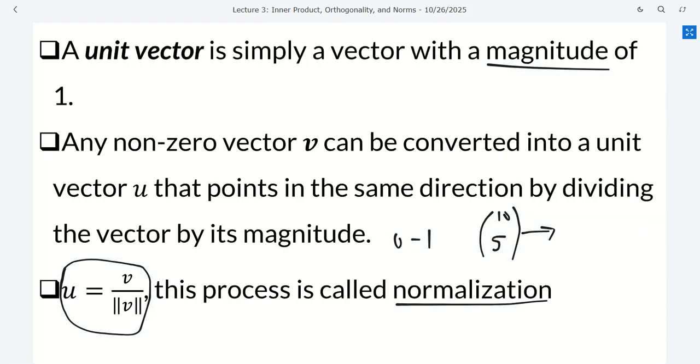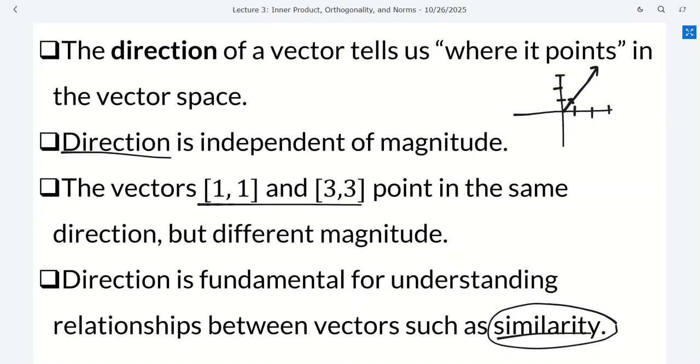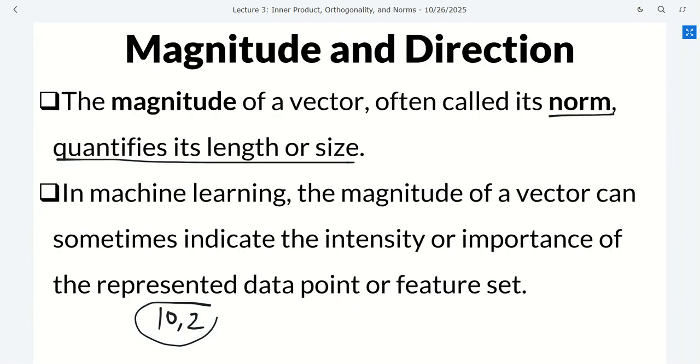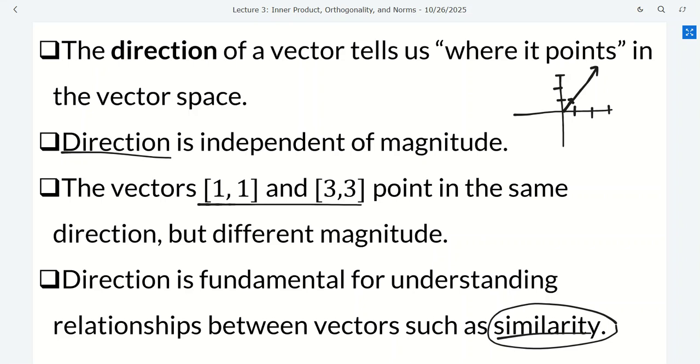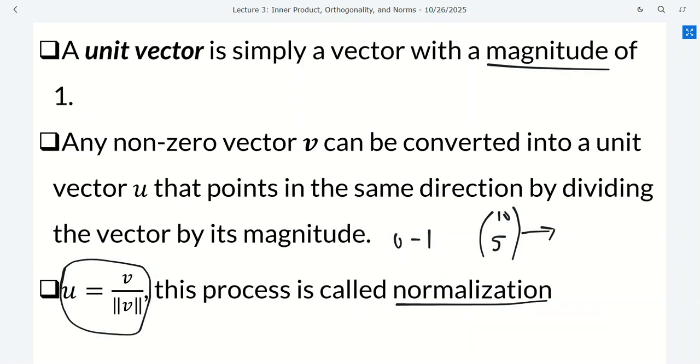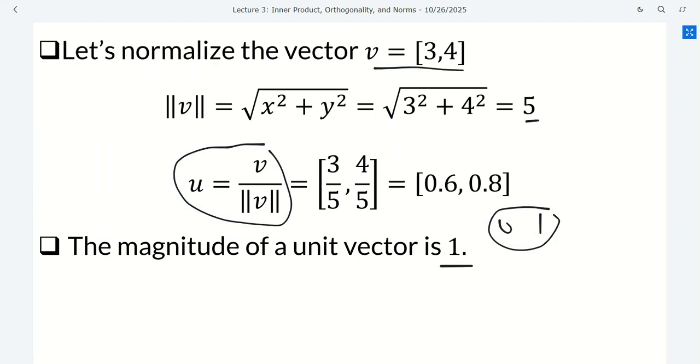As we saw previously, the magnitude actually says a lot about a vector, where we said it indicates the intensity or how important a feature is. You understand? So if you are dealing with some features and these features have higher values, remember your algorithm or your model is going to pay attention to them because higher magnitude means these features are of high importance. They will be prioritized.